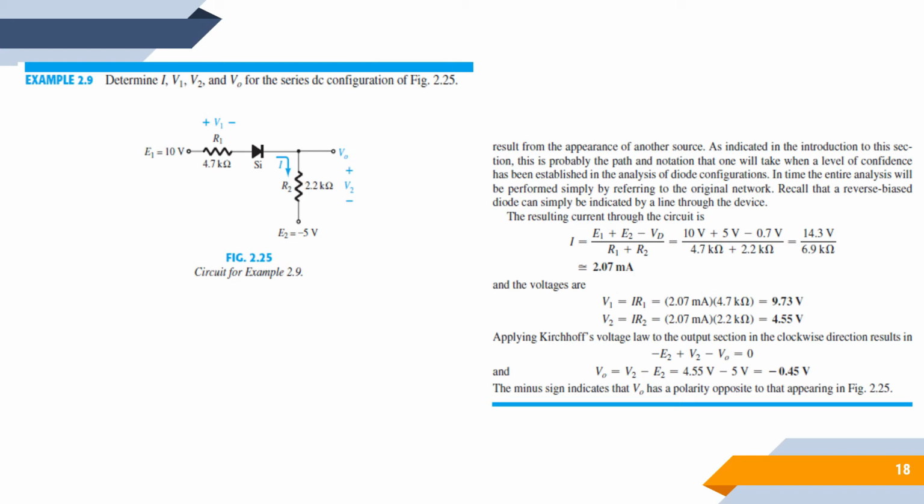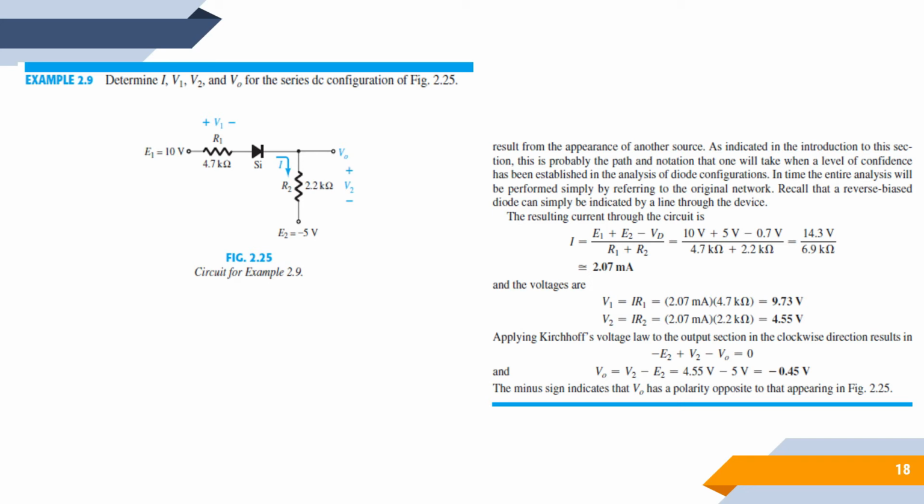Now, kunin naman natin yung V1. V1 ay IR1 lang. So, 2.07 milliampere times 4.7 kilo ohm ay equal sa 9.73 volts. V2 ay IR2 is equals to 2.07 milliampere times 2.2 kilo ohm is equals to 4.55 volts. So, nakuha na natin yung current, V1, V2.